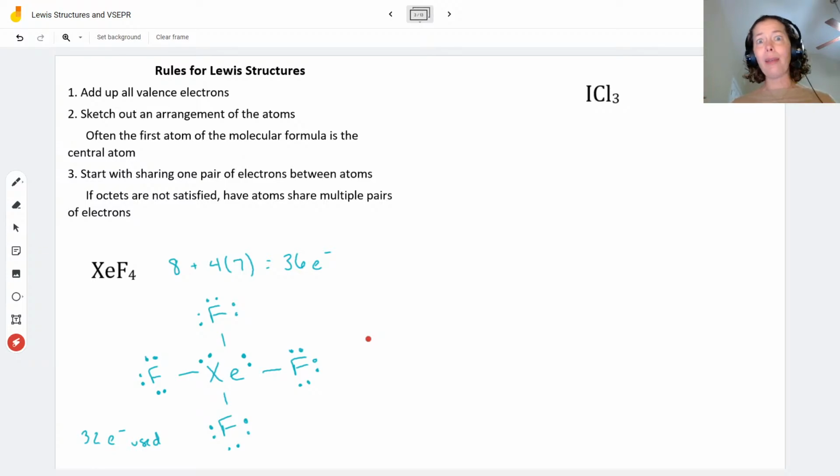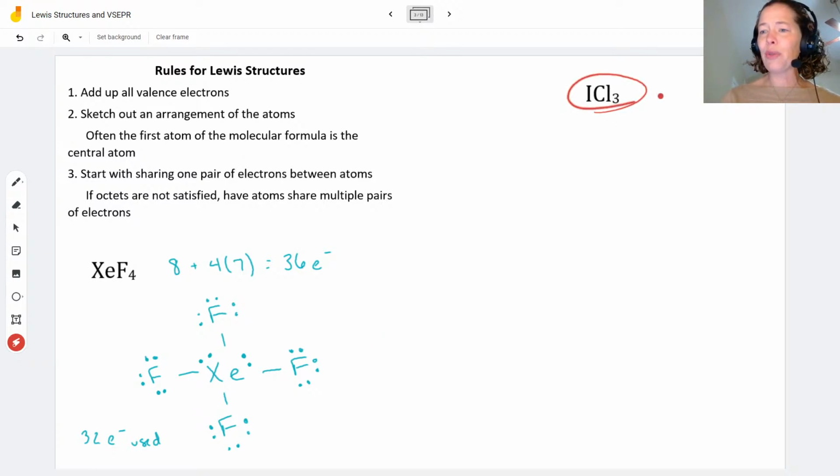Because I made the mistake last week. I just added up my valence electrons wrong. It happens all the time. So those are the places to double check. Again, if you end up with a structure where you really want to give carbon 10 electrons, don't do that. Poor carbon, it can't take that. Okay, so that is xenon tetrafluoride.